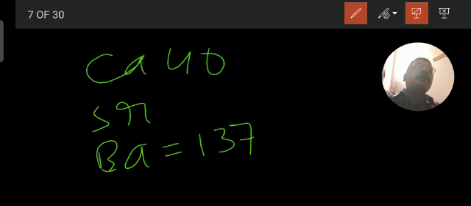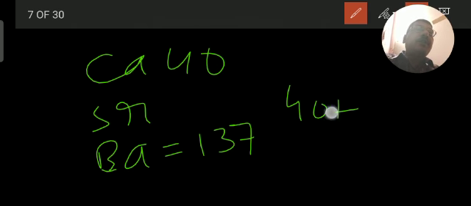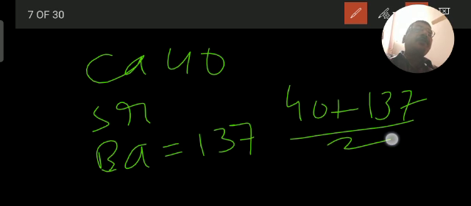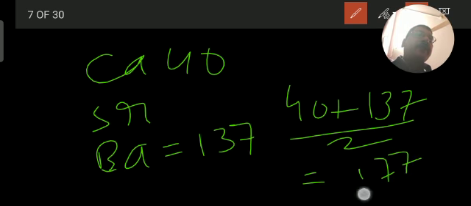Then what is to be done? Find the average. 137 plus 40 is 177, divided by 2.